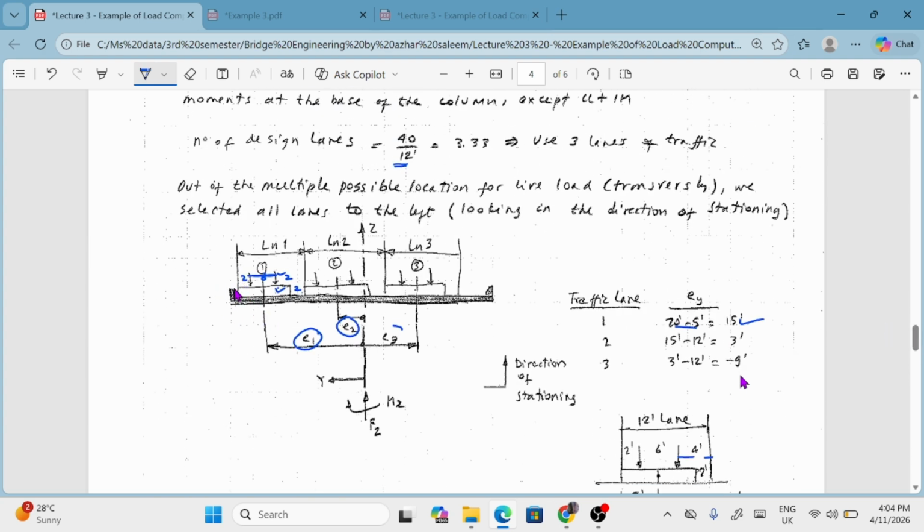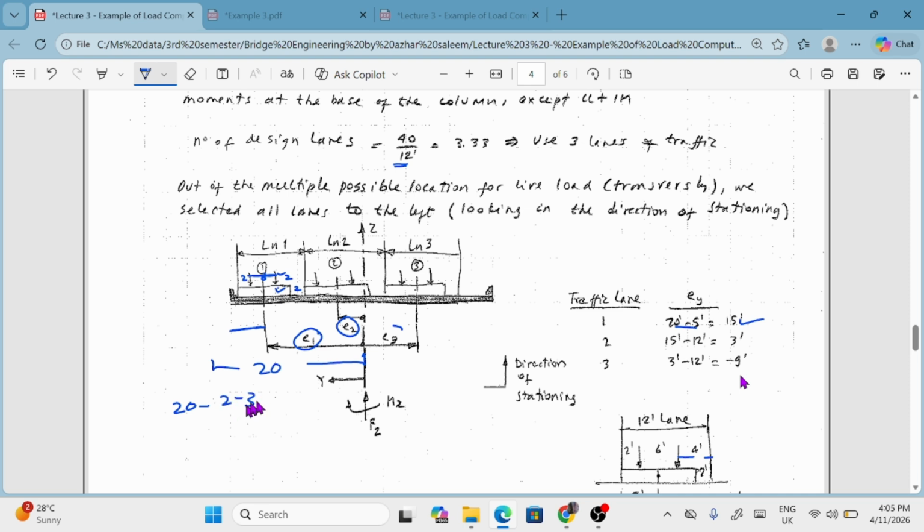The whole is 20 feet, and if I subtract this distance, this is 2 feet, and 6 divided by 2 is 3 feet. So 20 minus 2 minus 3 is 15. This is 15 feet, and this is 12. Then negative 12, negative 2, and negative 3. For this eccentricity, 12 plus 2 is 14, plus 3 is 17, and 20 minus 17 is 3.